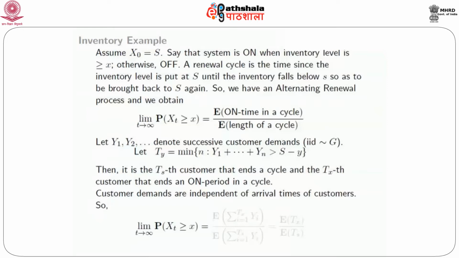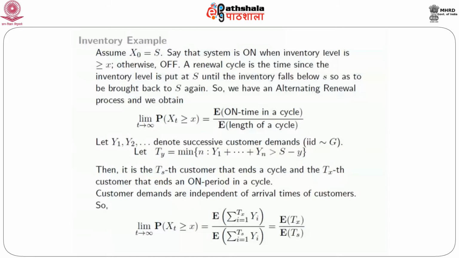Therefore, the limit of the probability X(t) greater than or equal to x, limit of that as t goes to infinity, equals the expectation of the summation of Y_i, i ranges from 1 to T_x, because the T_x-th customer brings an end to the on period, divided by the expectation of the summation of Y_i, i going from 1 to T_s, because the T_s-th customer ends a cycle, which of course equals E[T_x] by E[T_s].